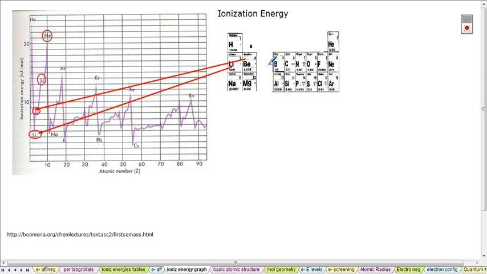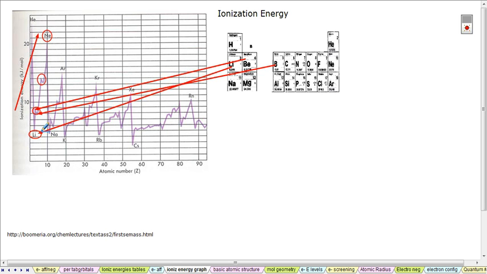But we notice that boron actually has a slightly lower value than beryllium does, and this probably gives us cause for a pause, asking ourselves, well, wait a minute, we see this general trend that the ionization energy increases as we go across a period from our alkali metals to our noble gases.